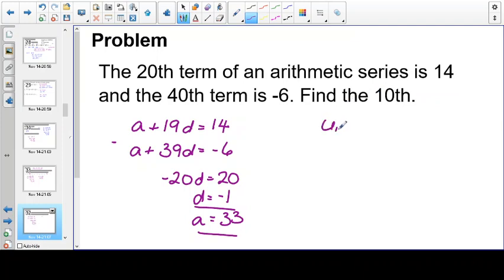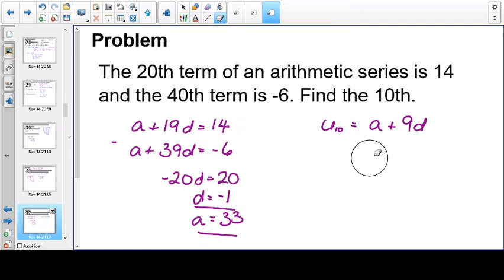So U10, the 10th term, is denoted by A plus 9D. Sorry, we put some numbers in. The 10th term is going to be 33 plus minus 9.